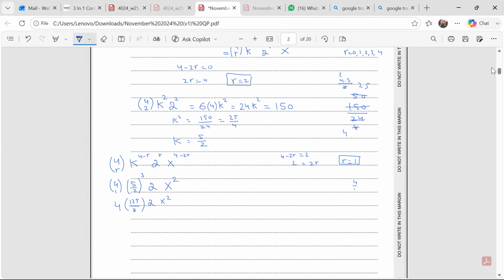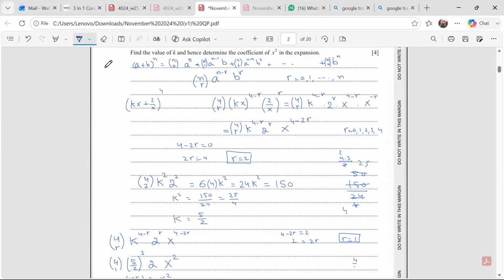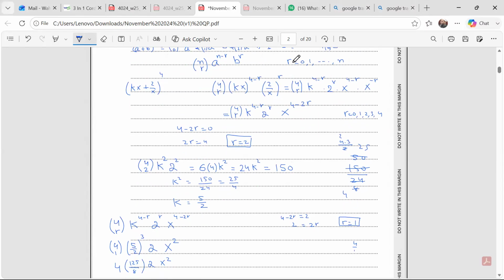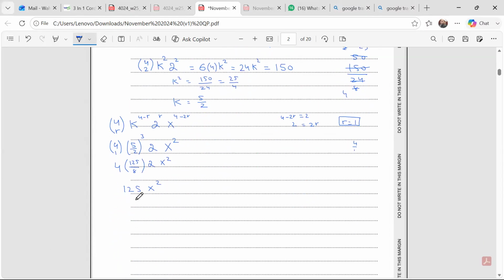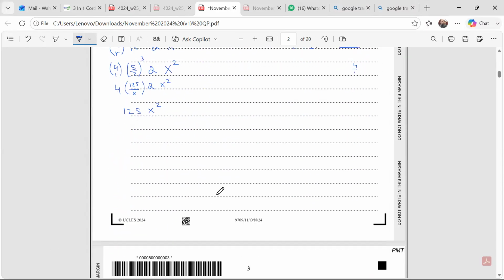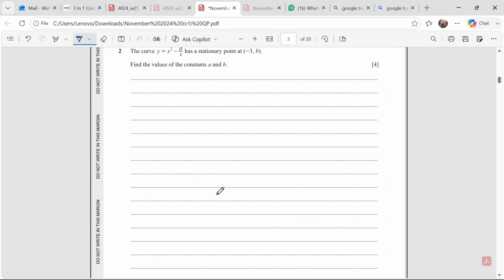You see, 4 times 2 is 8, it will be cancelled with 8, and I will have 125x squared. So this is the answer of the second part, hence determine the coefficient of x squared in the expansion. So the coefficient of x squared is 125. Is it clear? Now let's move on to the second question.